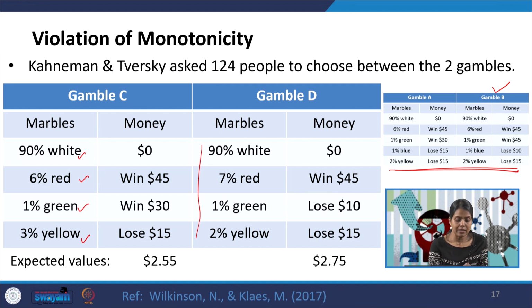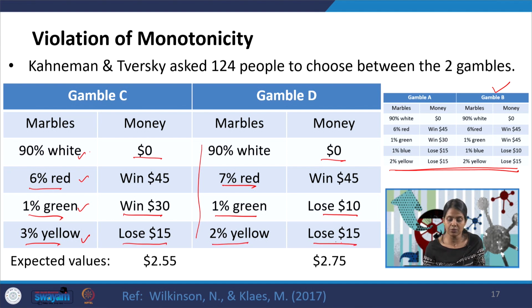Now, note that 90% white remains the same, where you pick up a white ball and you get nothing. Now, 6% red, and here it is 7% red. We have 1% green, you win $30, 1% green, you lose $10, 3% yellow, you lose $15, 2% yellow, you lose $15.